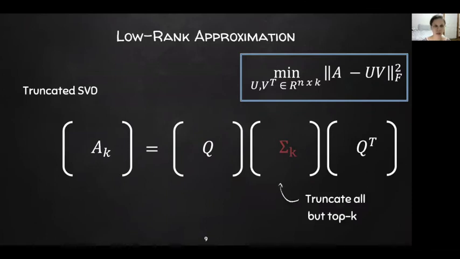We can then obtain a low-rank matrix from the singular value decomposition by truncating all but the top k singular values in sigma. Observe, the resulting matrix is rank k, and in 1936, Eckart and Young showed U equals Q sigma k and V equals Q transpose is the optimal solution to the low-rank approximation problem.